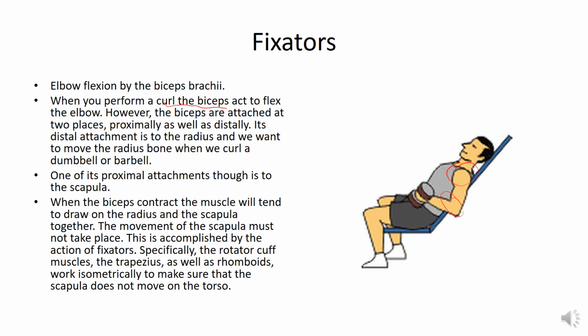This is accomplished by the action of fixators, specifically the rotator cuff muscles, the trapezius, as well as the rhomboid muscles. They work isometrically to make sure that the scapula does not move on the torso. So the action of flexion of the elbow can be performed smoothly.